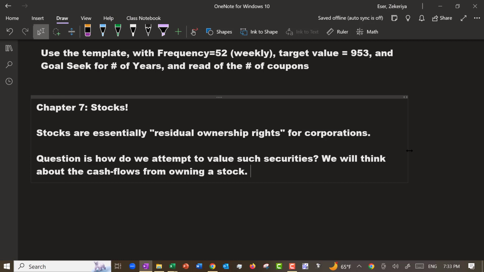Cash flows from owning a stock are dividends. Not all, but a lot of stocks pay dividends, which are decided by the board of directors, and eventual sales price.